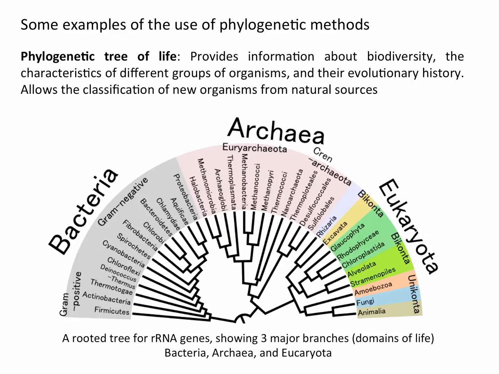Finally, phylogenetic analysis helps to understand the Earth's biodiversity, the characteristics of different groups of organisms, and their evolutionary history. Biologists estimate that there are about 5 to 100 million species of organisms living on Earth today.